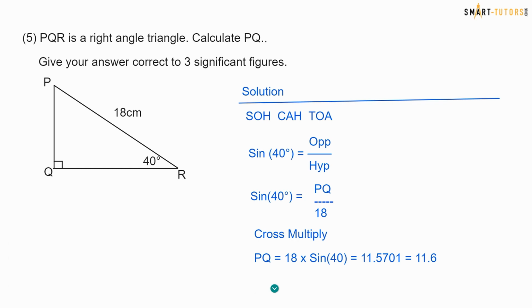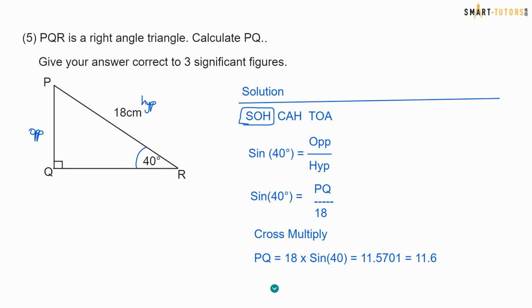Once you know the formulas, you need to choose the correct formula for this question. This is the given angle. The given angle's opposite side is PQ, and the 18 centimeter side is opposite to 90 degrees, which is the hypotenuse. So hypotenuse and opposite are related with sine. Sine is opposite over hypotenuse.